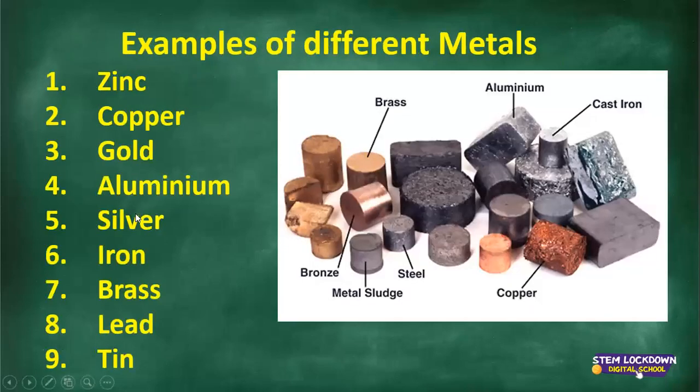So on the board, you'll find different types of metals that are used to make different types of ornaments or things rather that we find at home. Among them, you have your zinc, you have your copper, your aluminium, you have silver, you have iron, brass, lead, and tin, okay? So different types of metals which are used for different purposes, okay?